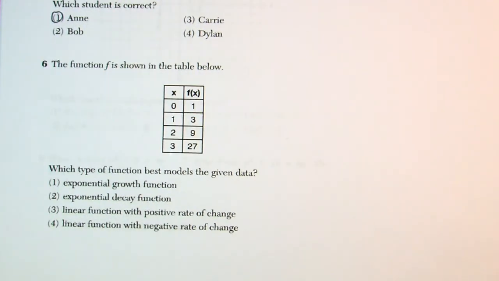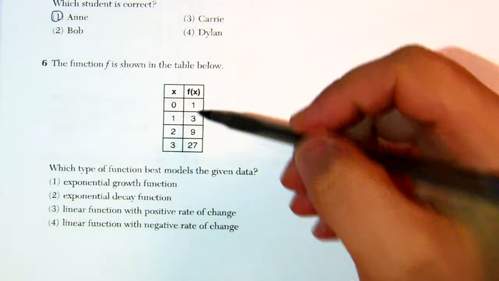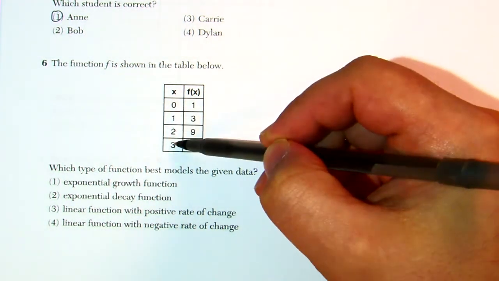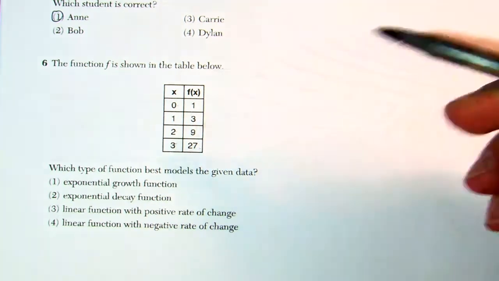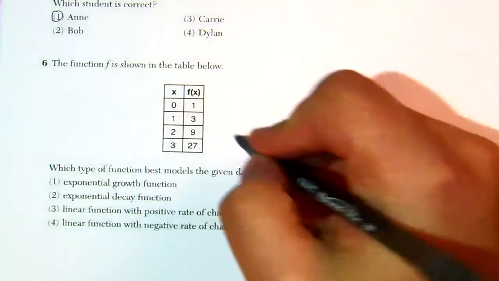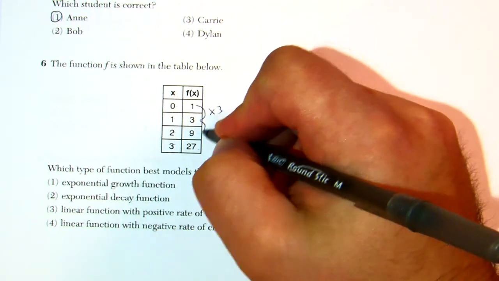Okay. Number 6 says the function f is shown in the table below. Which type of function best models the data given? So we have x at 0, 1, 2, 3, and our function going from 1 to 3 to 9 to 27. So it's going up pretty fast. How do I go from 1 to 3? I'm multiplying by 3. Then I multiply by 3 again.